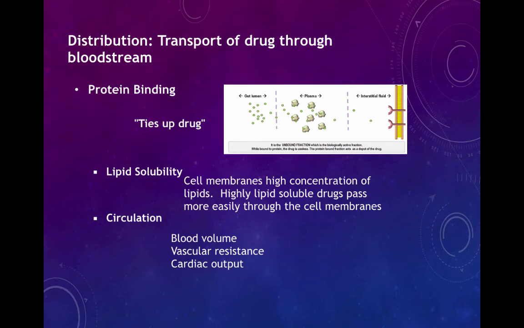Cardiac output is another one. These are all kind of the same thing, just different forms of it. Cardiac output is how well your heart is pumping, so if it's reduced, the distribution of the medication is going to be lower. Those are all factors that can affect distribution.